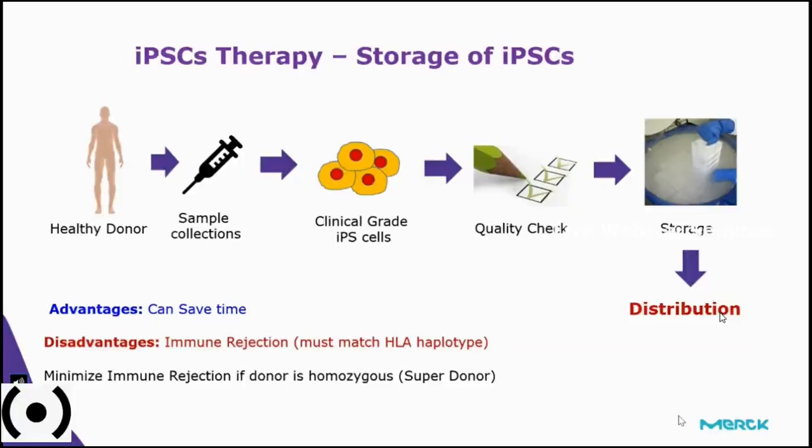We can discuss what is homozygous or what the criteria of a super donor are some other time. These super donors are very rare. If you scan a population of 1,000 or 2,000 people, you will get one super donor, right? But if you take a sample from such a super donor, that can be distributed to all the patients, and there will be minimized immune rejection.